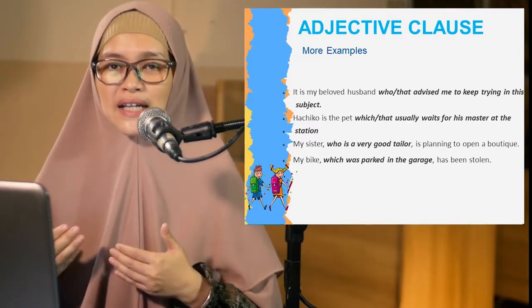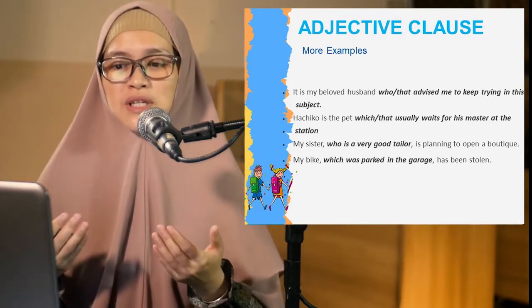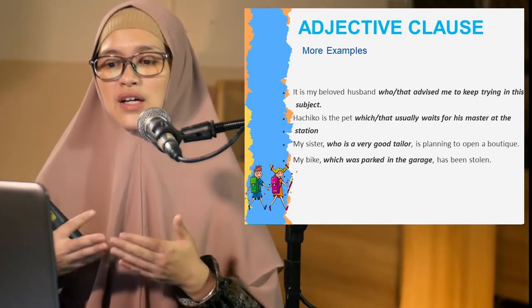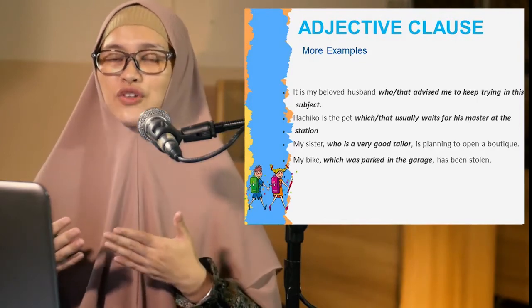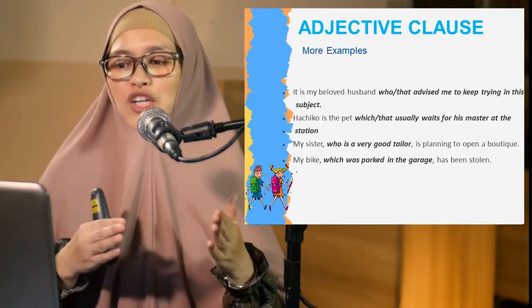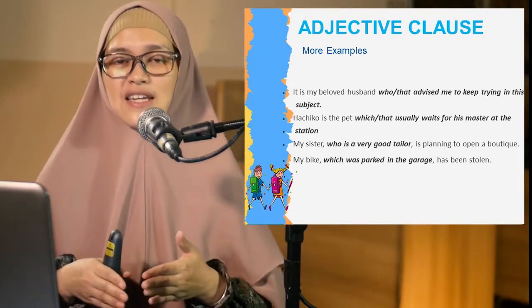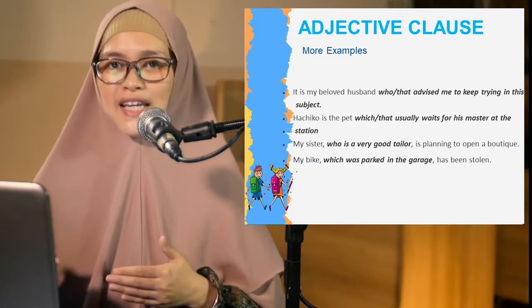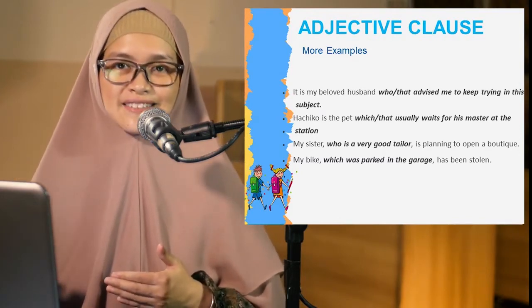But I give additional information. This is my sister. She is a very good tailor. My sister who is a very good tailor. What will she do? She is planning to open a boutique.